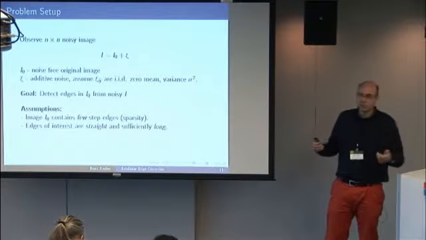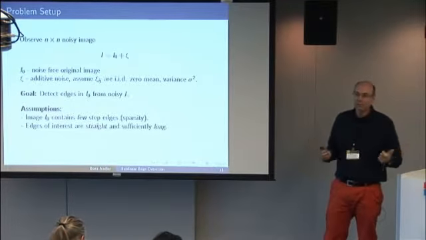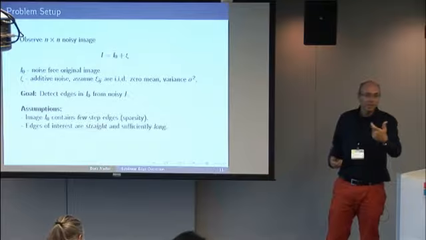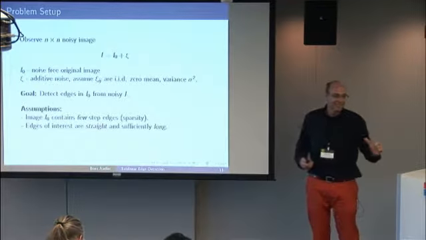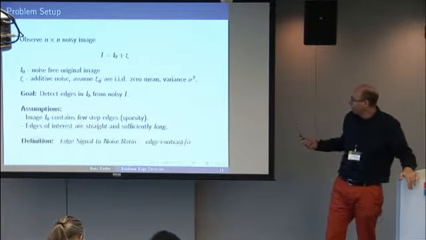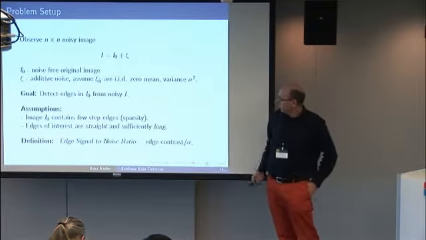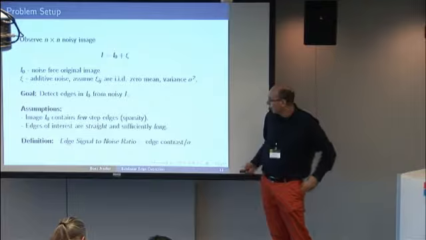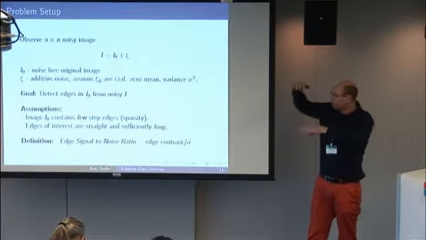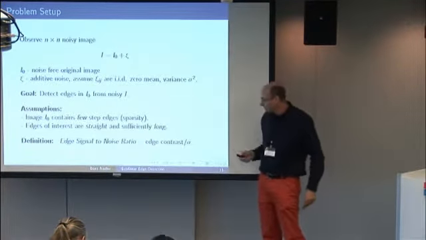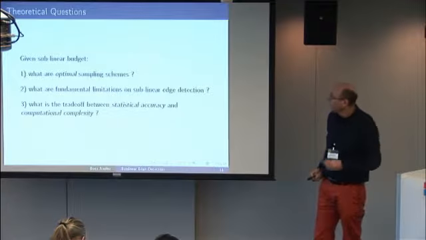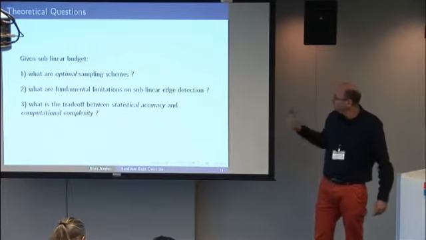And it makes sense. If I cannot detect in sublinear time an edge whose length is only 5 pixels. And the signal-to-noise ratio of an edge is defined as the jump, the edge contrast, divided by the noise level sigma. Okay. And so these are the questions.